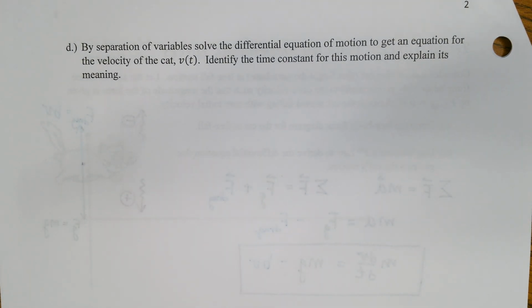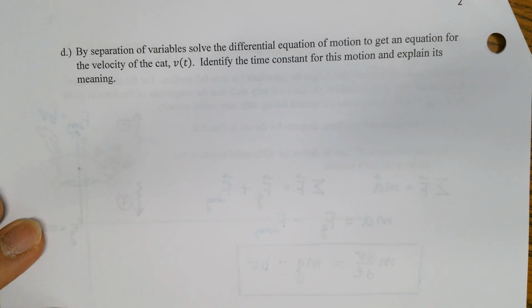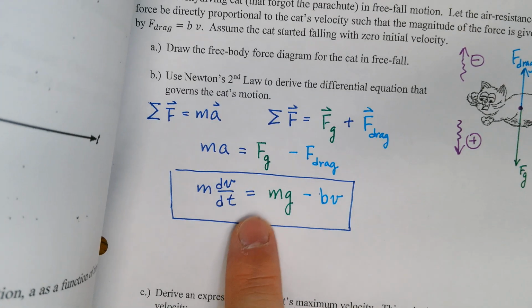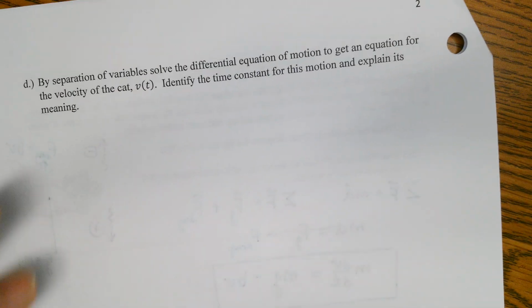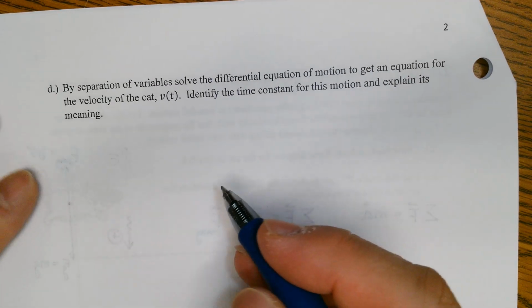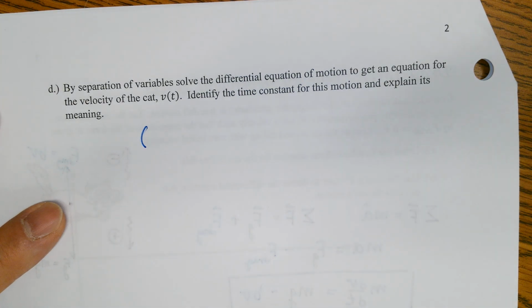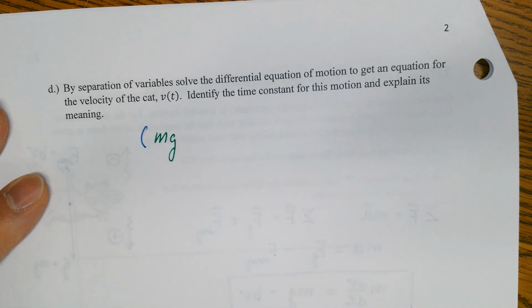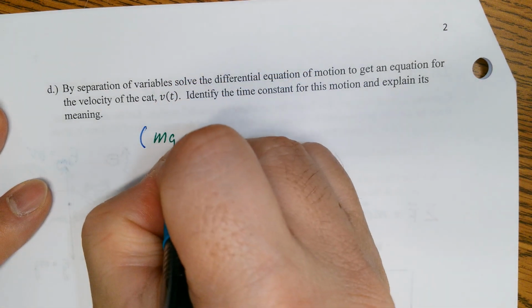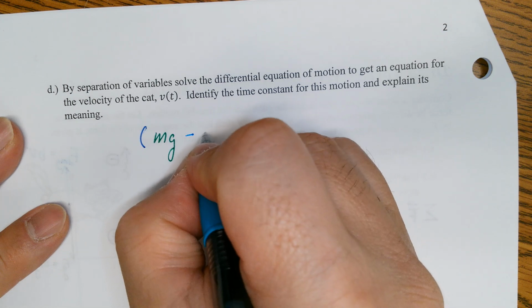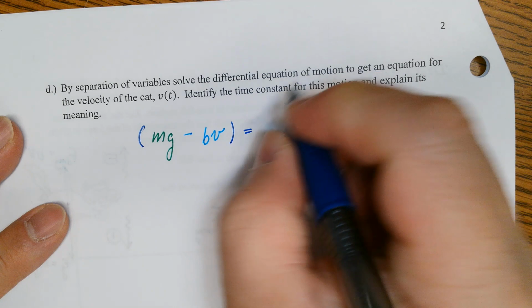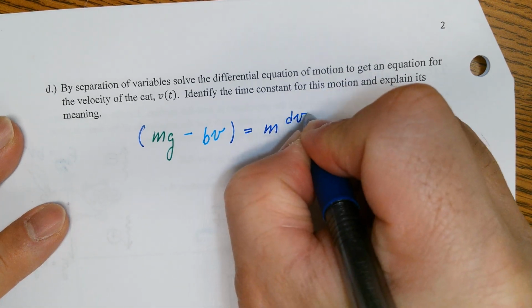All right, well, let's take a look. We'll start out with this equation right here: mg minus bv is equal to m times dv over dt.